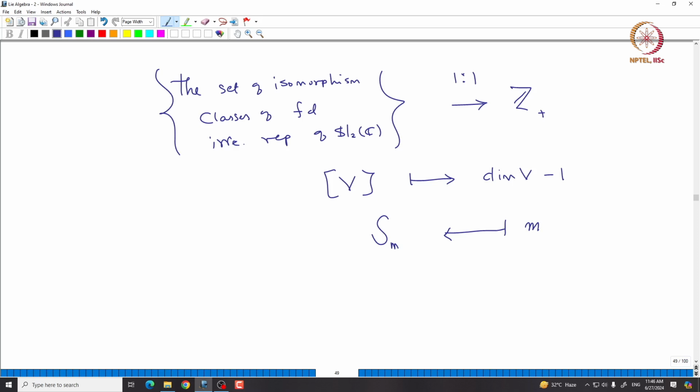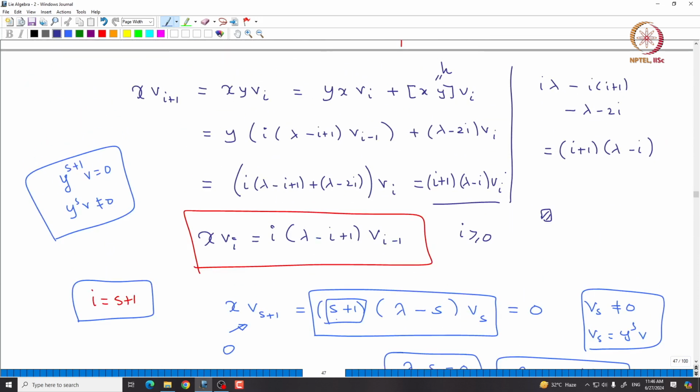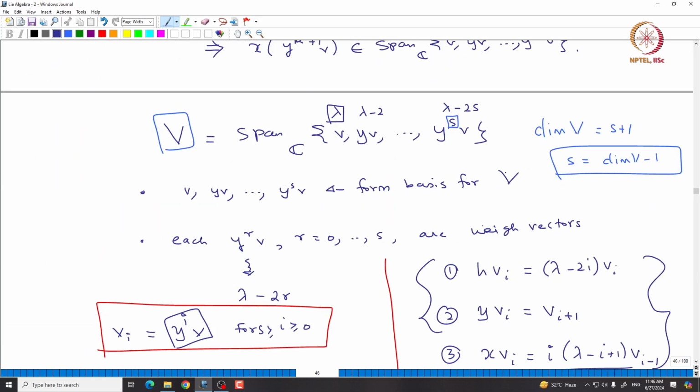Because of this, the map is onto, and it is easy to see that this map is 1 to 1, because of the highest weight, which is why we are giving importance to this s. So this lambda indeed becomes s.